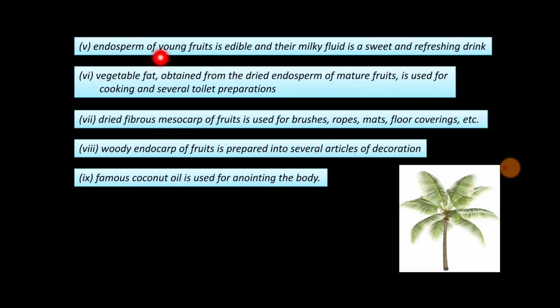Endosperm of young fruits is edible and their milky fluid is a sweet and refreshing drink. Vegetable fat obtained from the dried endosperm of mature fruits is used for cooking and several toilet preparations. Dried fibrous mesocarp of fruit is used for brushes, ropes, mats, floor coverings, etc. Woody endocarp of fruits is prepared into several articles of decoration. Famous coconut oil is used for anointing the body.